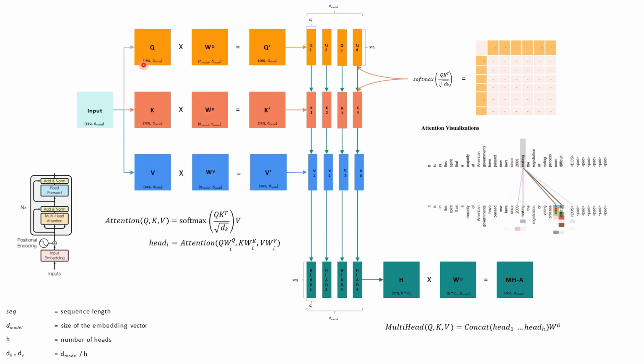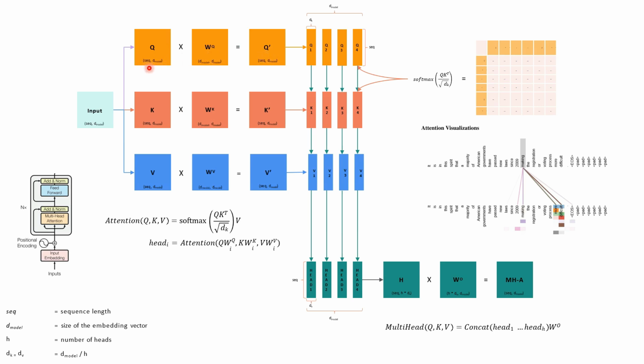This is sequence by D model. Then you make a D model by D model matrix, and this is one linear layer. You need to create one linear layer for the WQ, WK, and the WV. And after that, you do the matrix multiplication, and you get the Q prime, which is sequence by D model.